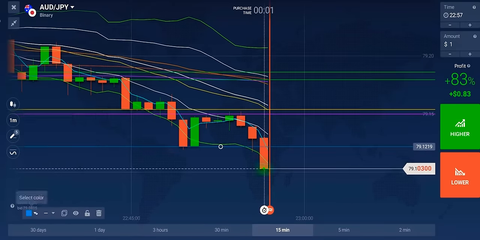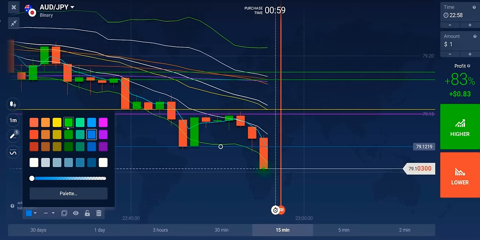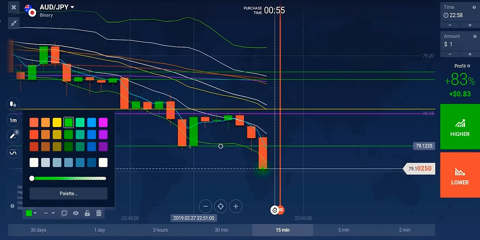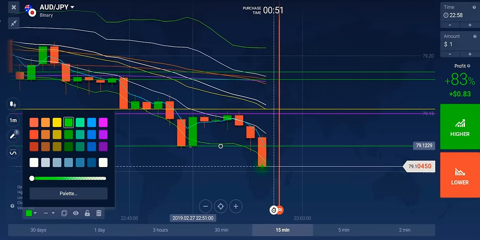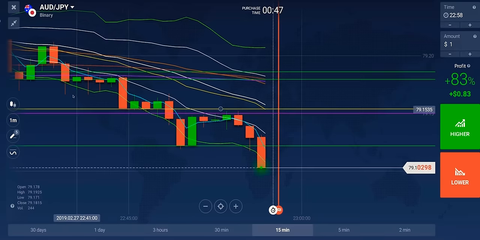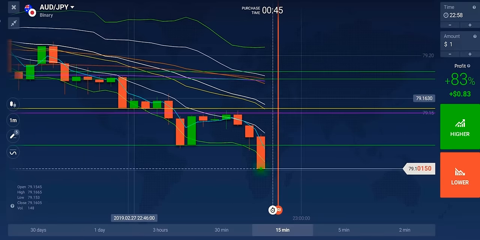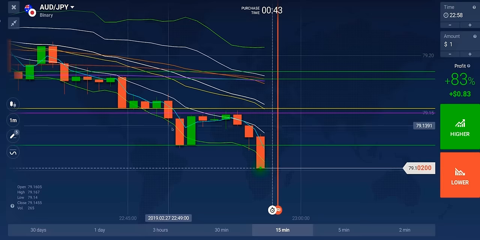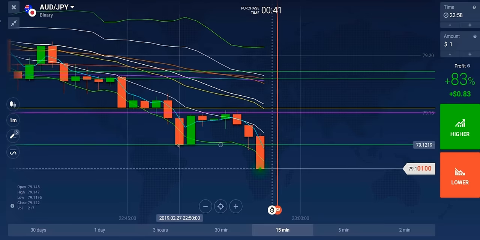So when you're in a downtrend, you need to see where the market actually pulls back. Okay, so in a JPY chart, it's always very difficult to get the exact level of the round number. So you can see in a downtrend, the market breaks this level, and then you have a pullback here.